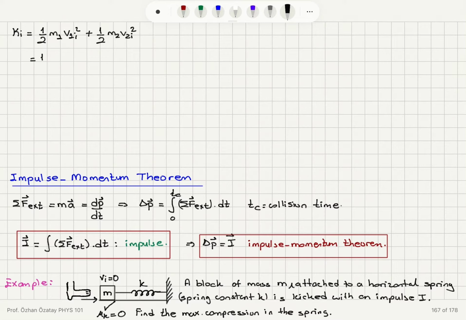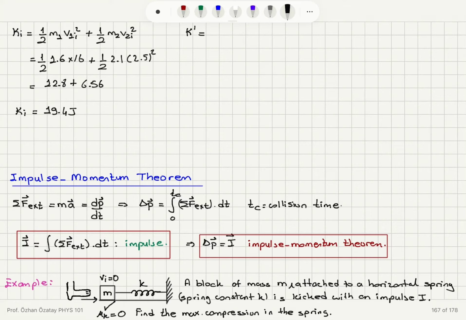So this is 1 over 2, 1.6 kilograms times 16, plus 1 over 2, 2.1 kilograms times 2.5 squared. That gives us 12.8 plus 6.56. The initial kinetic energy is 19.4 joules.